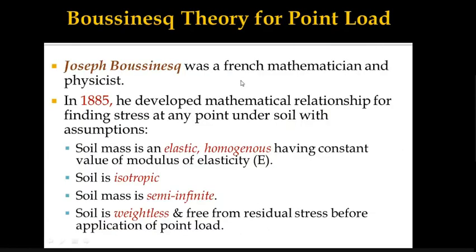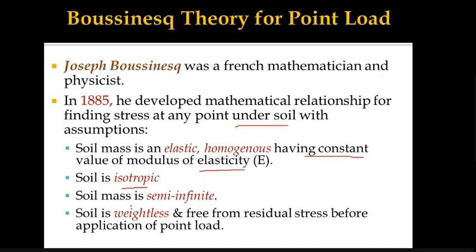Joseph Boussinesq was a French mathematician and physicist who developed this theory for finding the stress at any point under the soil, with the assumption that the soil mass is elastic and homogeneous, having a constant value of modulus of elasticity. Soil is isotropic, that is, it has identical properties in all directions.